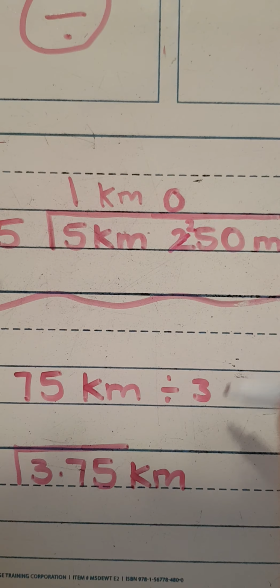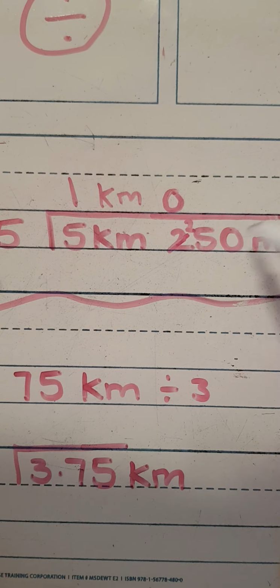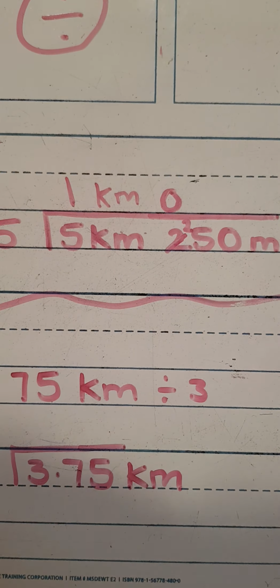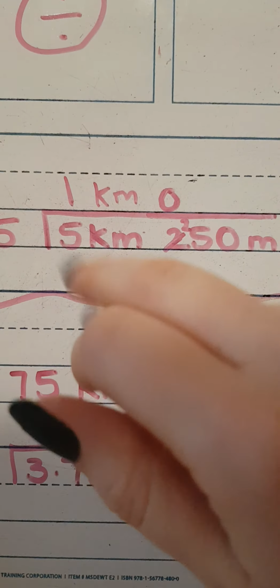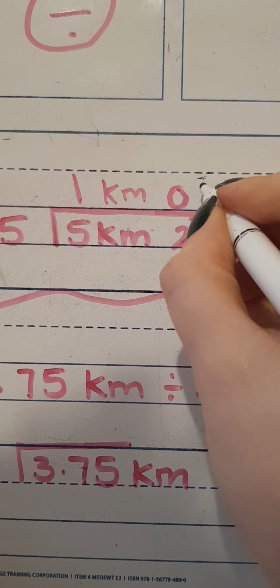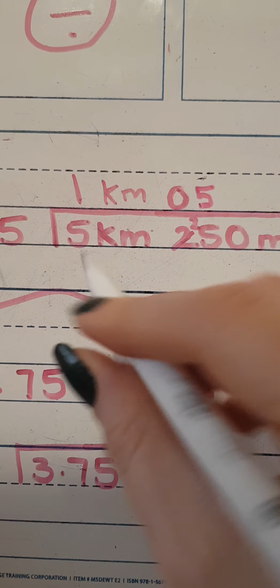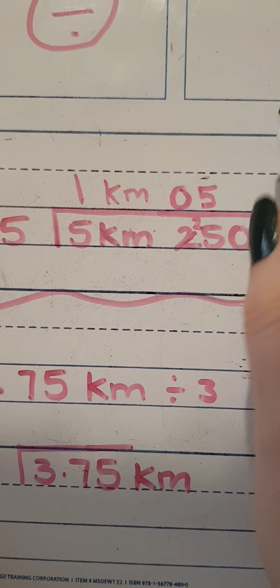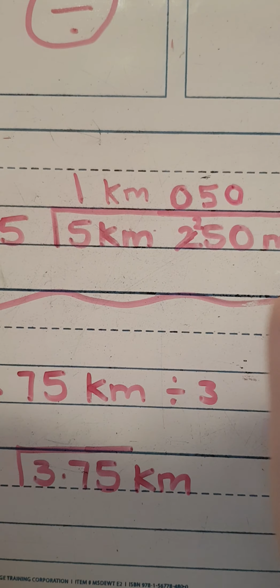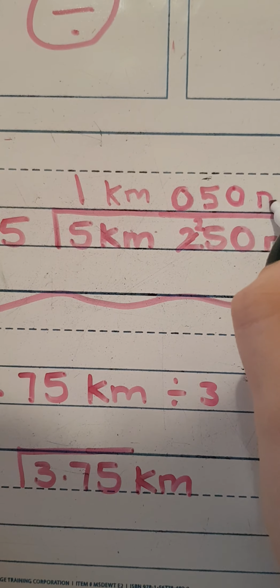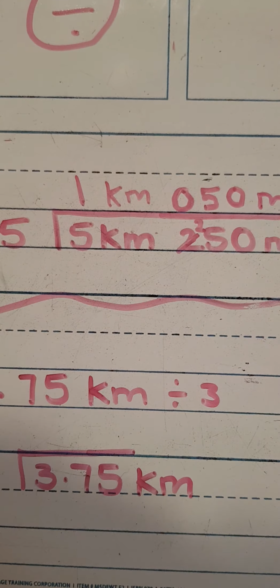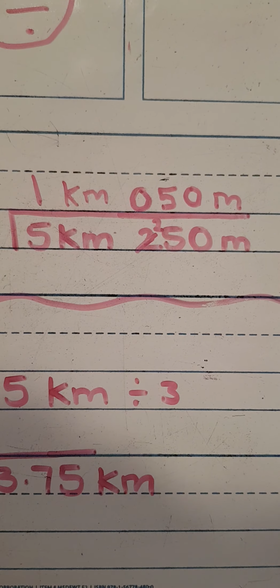Now 5 fits into 25. Let's check with my tables: 5, 10, 15, 20, 25. So that's 5 times. And then 5 fits into 0, 0 times. Keep my m in the same place. And my answer is 1 kilometer and 50 meters.